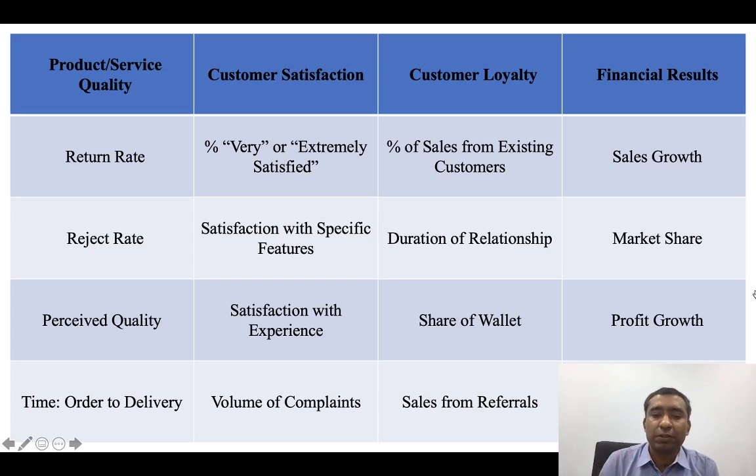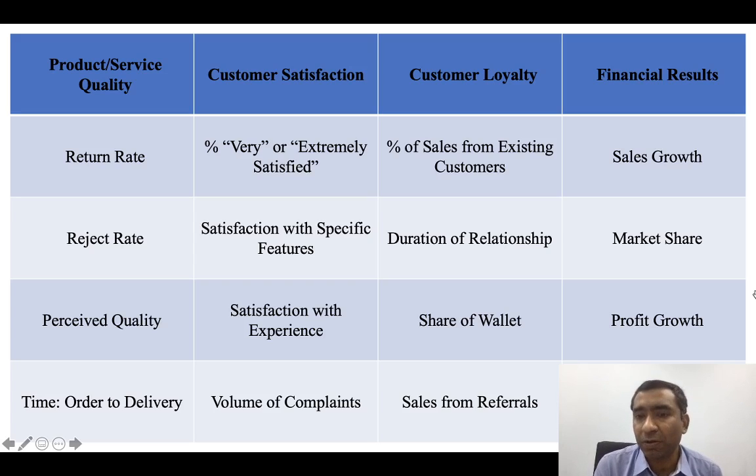Share of market wallet: how many people are always willing to buy your product, that is your profit growth. And finally, it is related with the time, order of delivery, volume of complaints, and sales from referrals, the people who are already your customers or loyal customers. If they refer your product, how many sales are from there, and it can increase your profit margin.